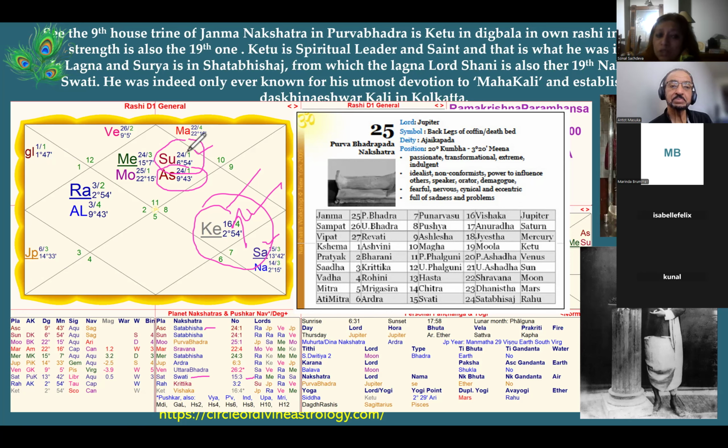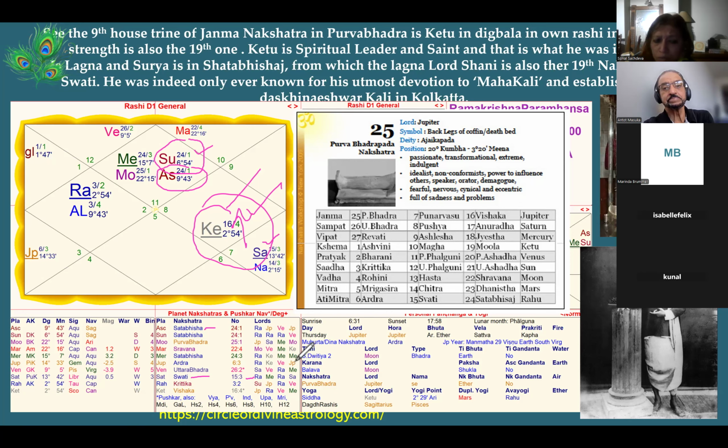Surya is sort of like an Atmakaraka, really, because it is your sole purpose, especially if it is in the Lagna, for them the truth is important. And so from him, even the Lagna Lord is in the same constellation, the 19th Bhagya Nakshatra. Isn't that brilliant? So that explains a lot about his fame and all of that.